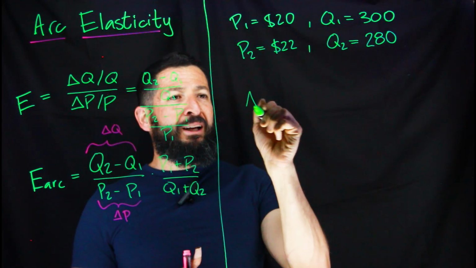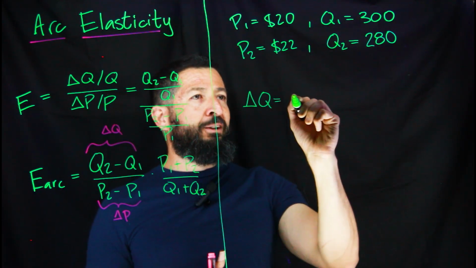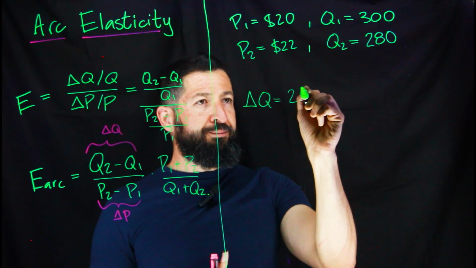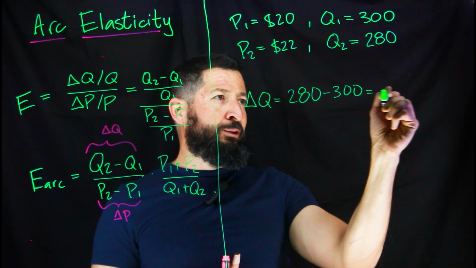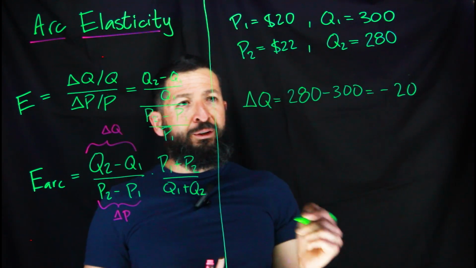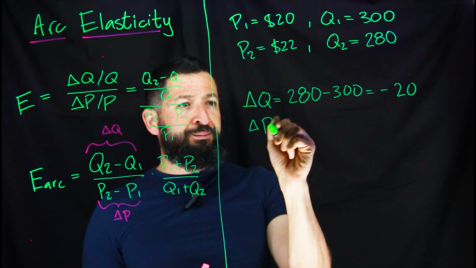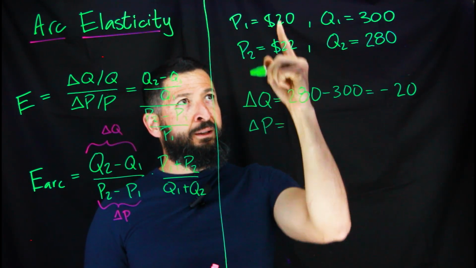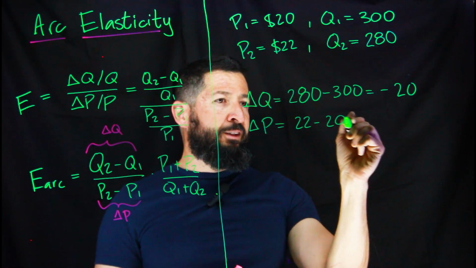Anyway, let's compute delta Q. Delta Q is going to be Q2 minus Q1. And as I said, the demand dropped by 20. And now your delta P, 22 minus 20, is going to be $2.